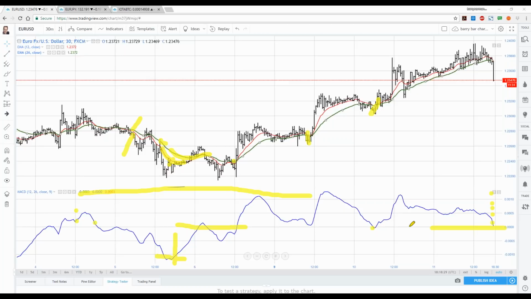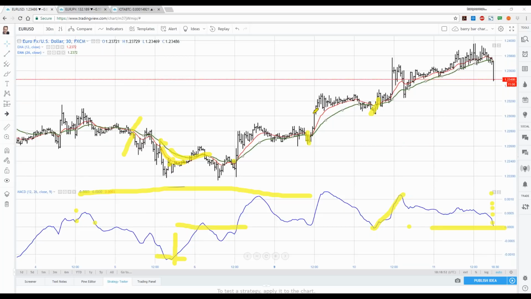So whenever they touch the zero line, you know you have a crossover between the 12-period and the 26-period. If it crosses zero and moves above, that's telling you that the shorter, faster moving average is growing more than the 26 moving average.